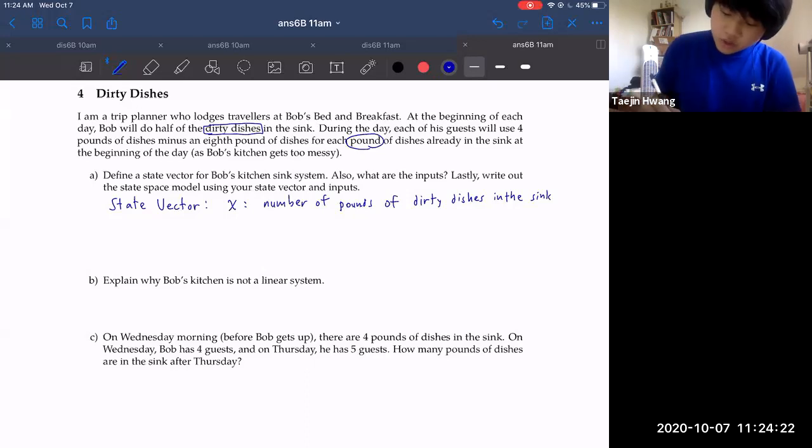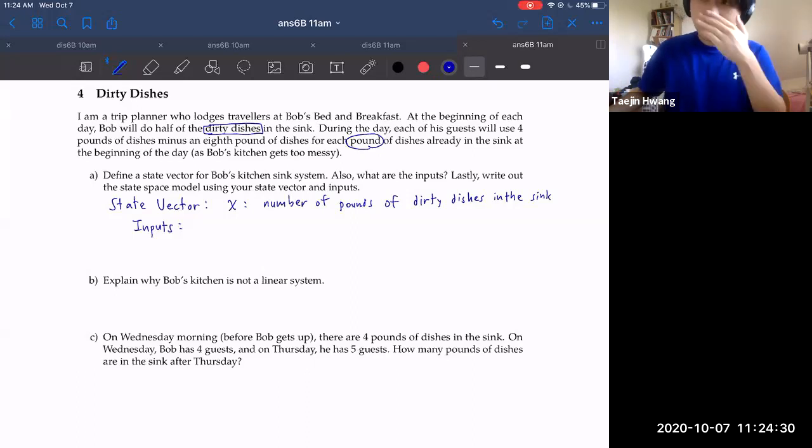And then, do we have any inputs? If you think there are any inputs, type them out in the chat. Number of guests, yeah, I like that.